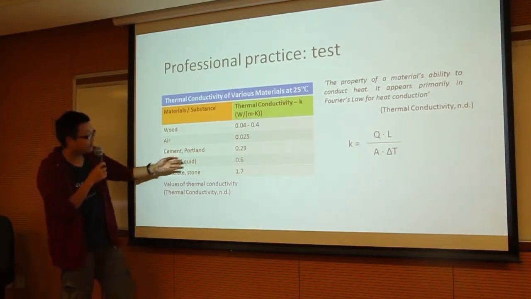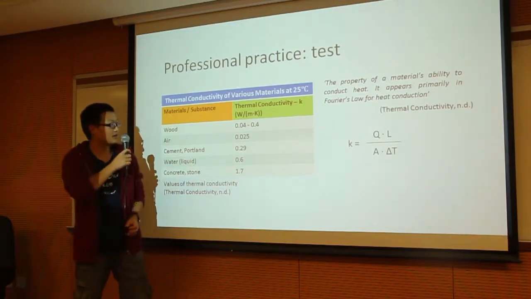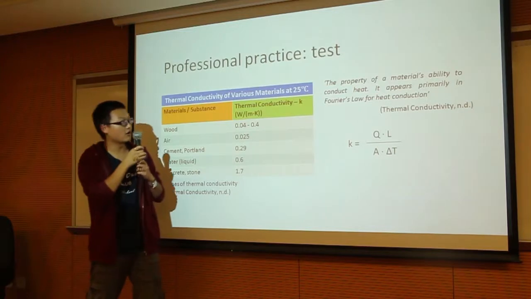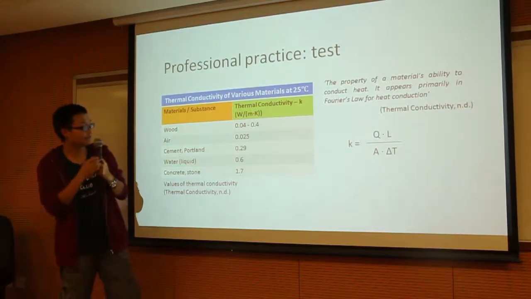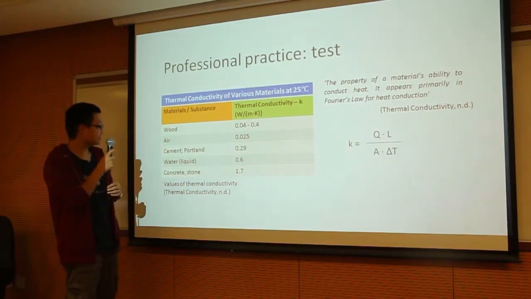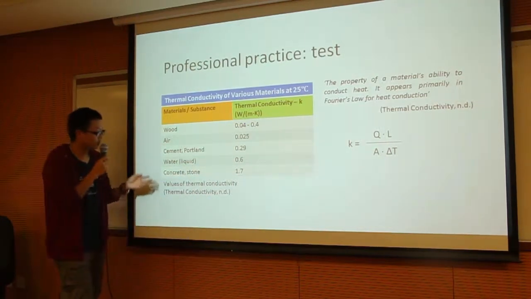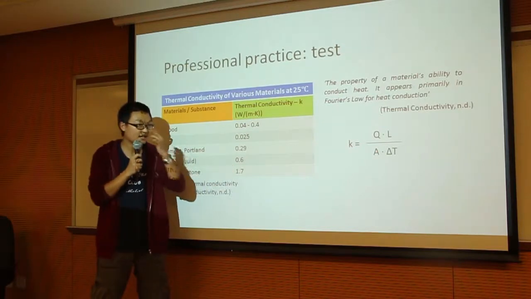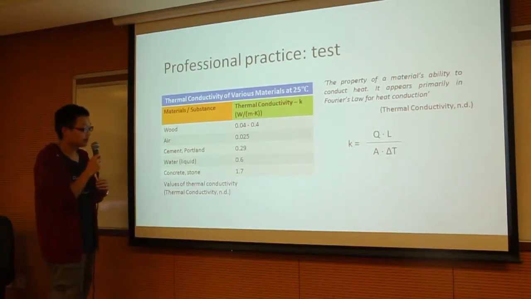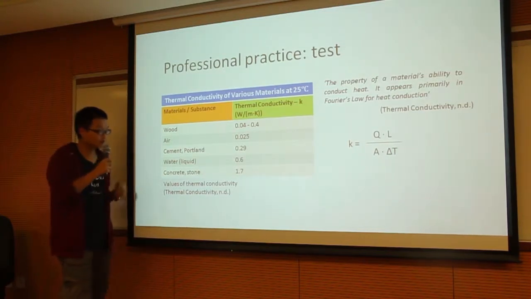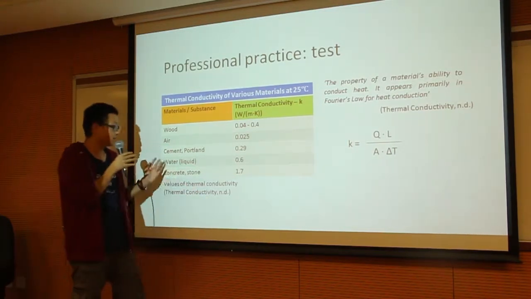And for these values, the lower the value is, the weaker the material's ability to conduct heat. So it means that if concrete stone is 1.7 and water is 0.6, then heat can transfer through concrete more easily than water.